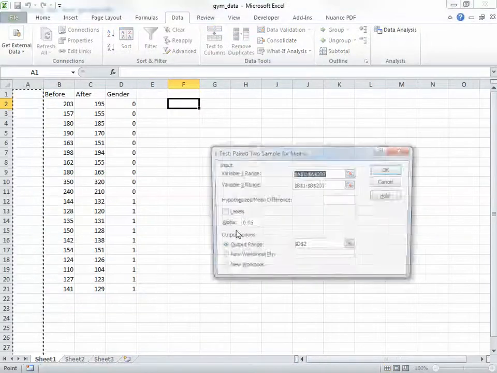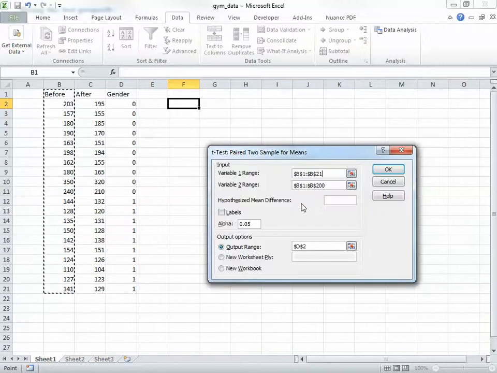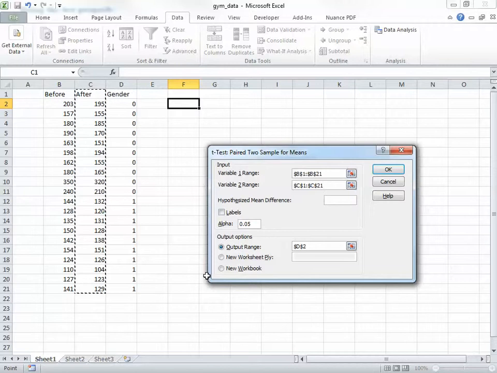And we'll choose the before weight as the first, the after weight as the second. This is indicating that if we have a positive t-stat, that means they lost weight. If we have a negative t-stat, that means they gained weight. We do have labels. Our alpha is 0.05, and we'll put our output here.